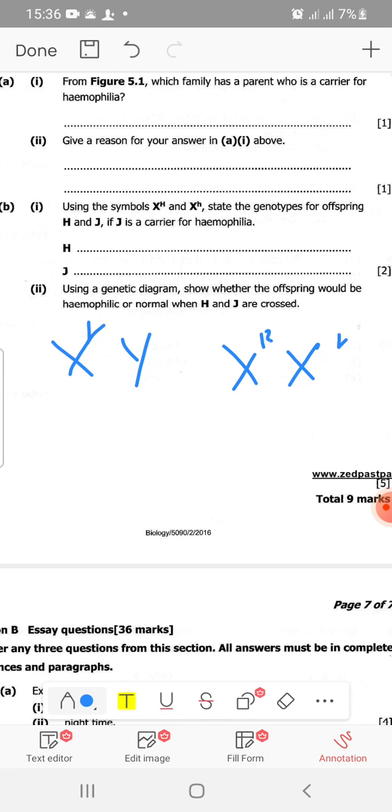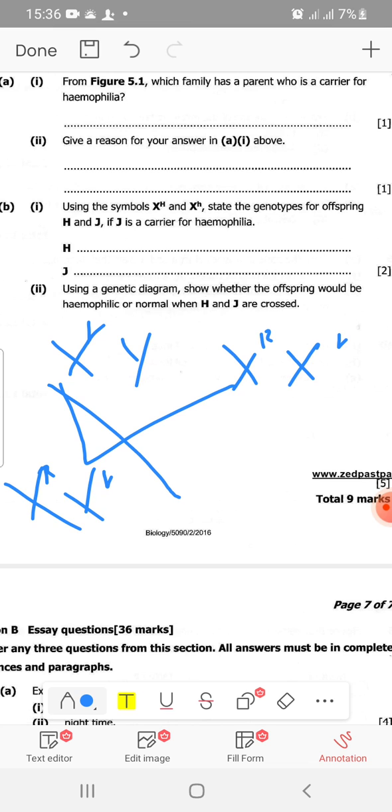Now because these two are going to cross, we cross this one and this one, we have the x. Always start with the one with the capital letter first, so that becomes capital letter R, x, small letter r. The same letter again with the other one, we're going to have x, of which we are going to have small letter r, small letter r.